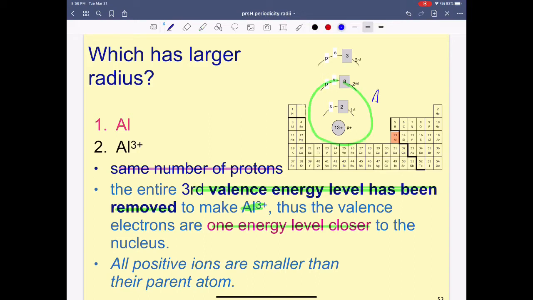In green, the aluminum ion, and the aluminum atom in purple. Atom, larger, in purple, and when those valence electrons are removed, the aluminum ion will be much smaller. It's well worth noting that all positive ions are always smaller than their parent atom.